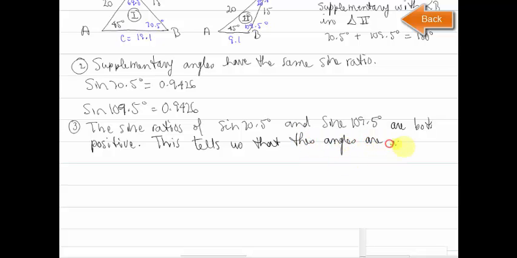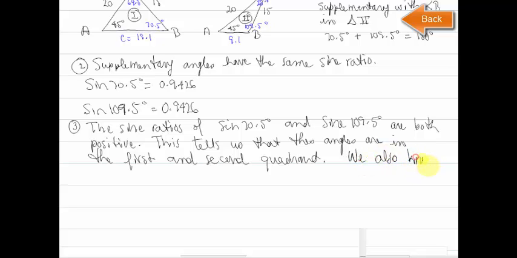And also that 70.5 degrees is the reference angle for 109.5 degrees. Okay. So we also know that 70.5 degrees is the reference angle for 109.5 degrees.